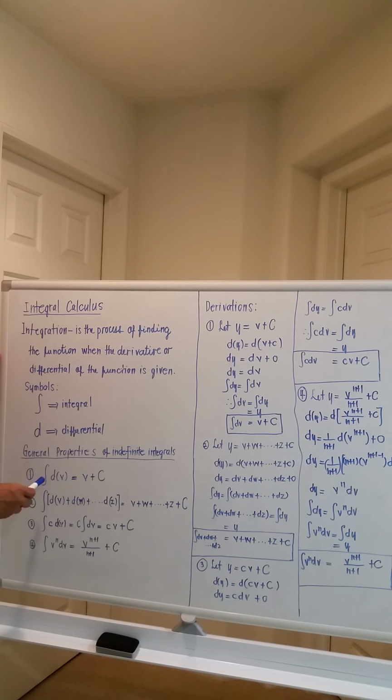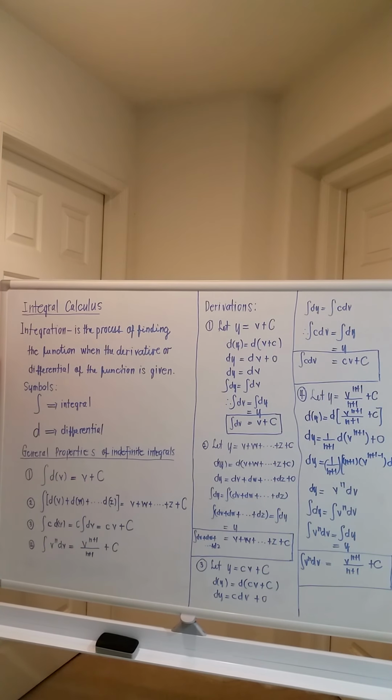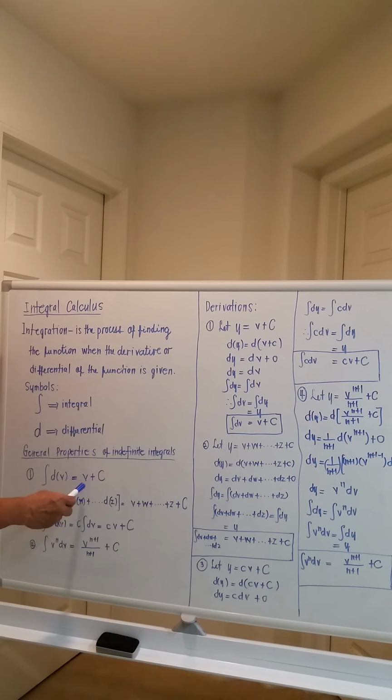I will try to bring out formula number one. Formula number one: the integral of the differential of b is equal to b plus C. I will try to bring out the derivation of this, why the integral of the differential of any given function is just equal to that function plus C. Why plus C?